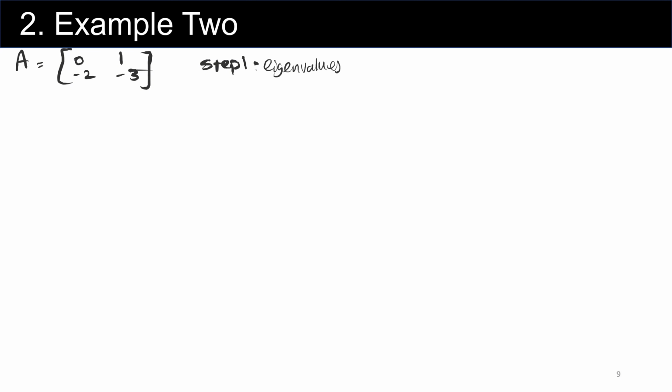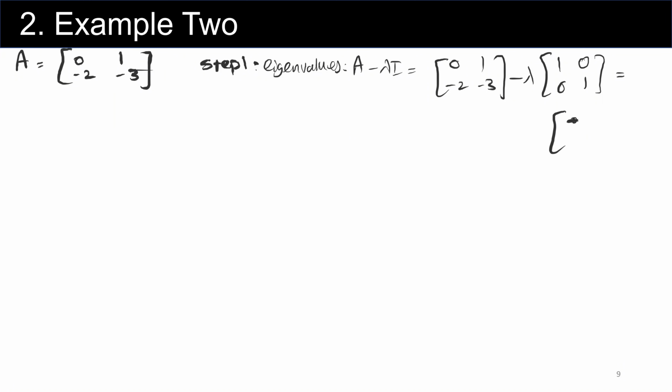How do we find eigenvalues? We find A minus lambda I. So A is [0, 1; minus 2, minus 3] minus lambda I, which has the same dimensions as A. So this is going to be [minus lambda, 1; minus 2, minus 3 minus lambda].